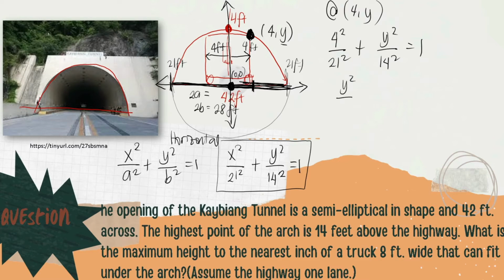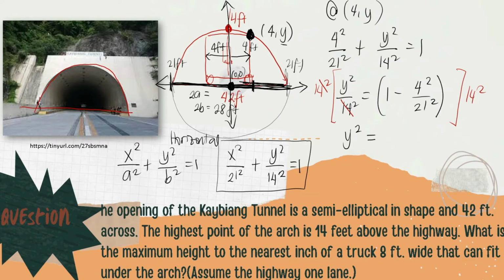So y squared over 14 squared is equal to 1 minus 4 squared over 21 squared. To get y squared, multiply both sides by 14 squared, to cancel out the denominator of y squared. So y squared is equivalent to 17 over 9.